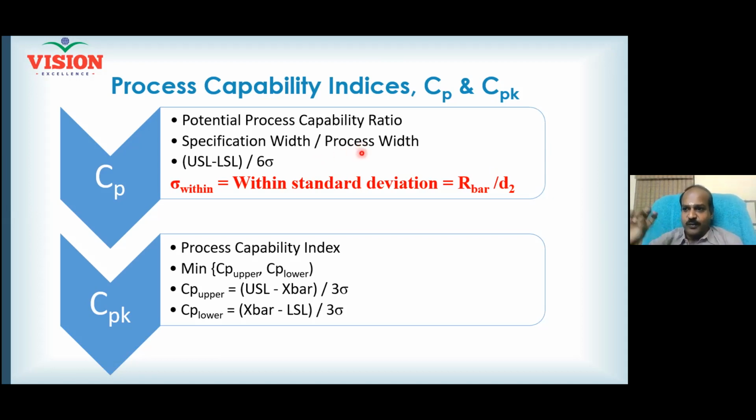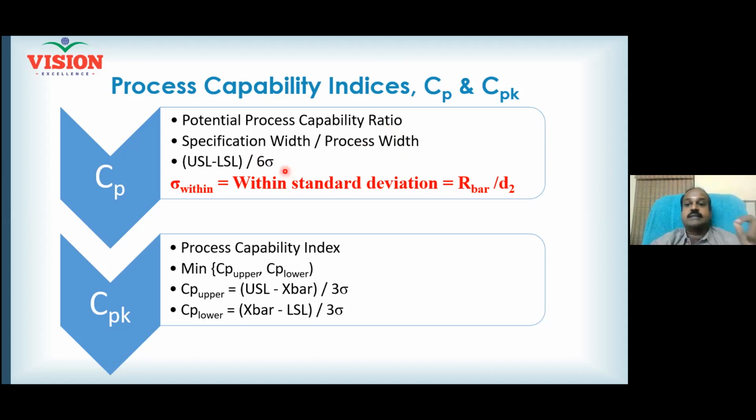So what is the distance between UCL and LCL? 6 sigma. From the center, move up by 3 sigma, you get the upper control limit. From the center, move down by 3 sigma, you get the lower control limit. So USL minus LSL divided by 6 sigma is the formula for CP.